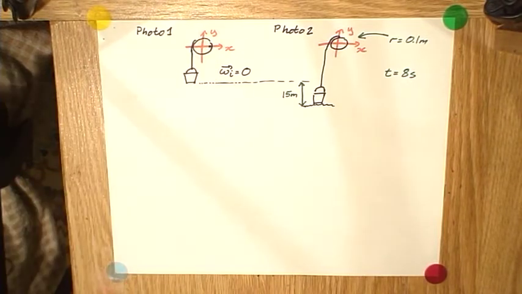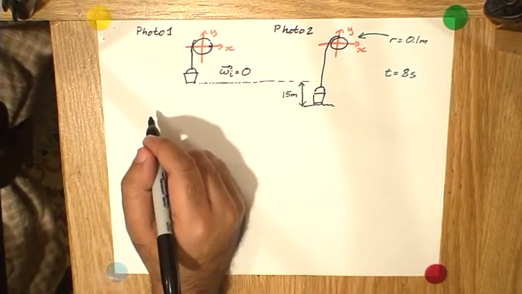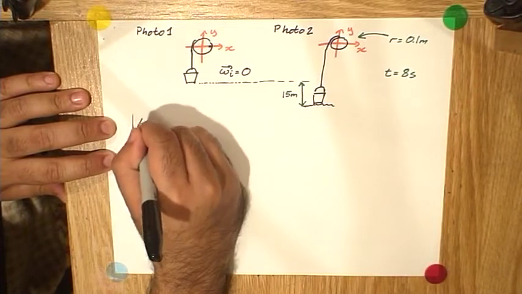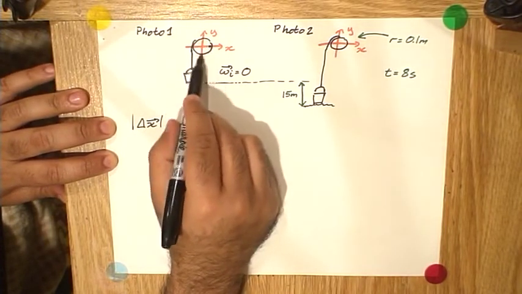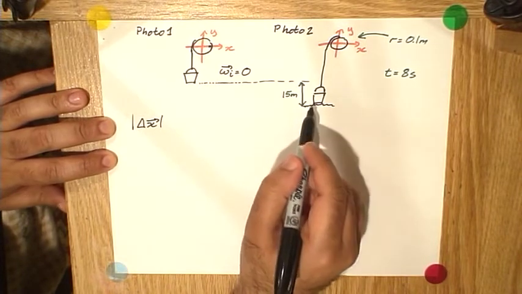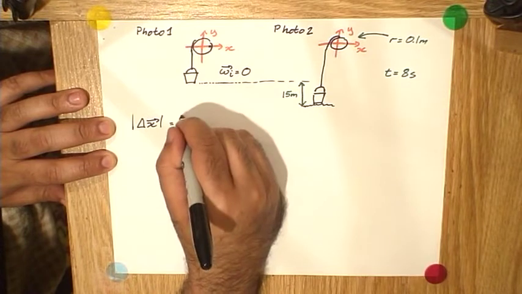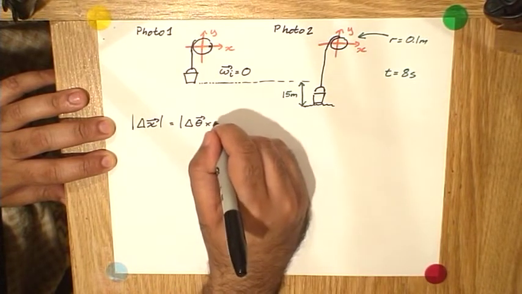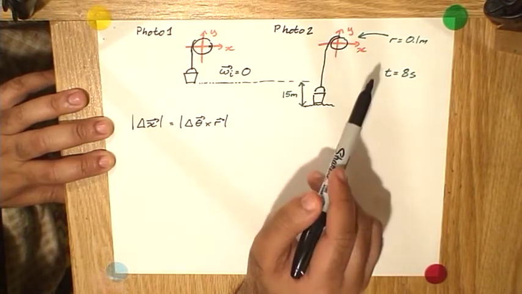And so, because we know its radius, we can use this relationship that the displacement of the spot over here must be equal to the displacement of the bucket, since the two of them travel the same distance, is equal to its angular displacement cross the radius of the wheel.